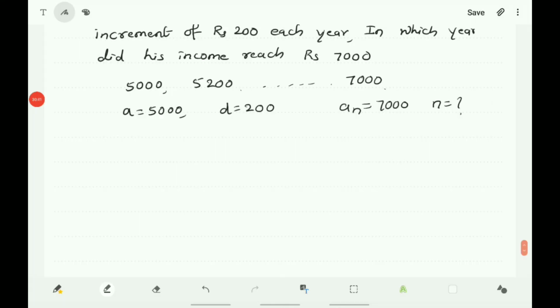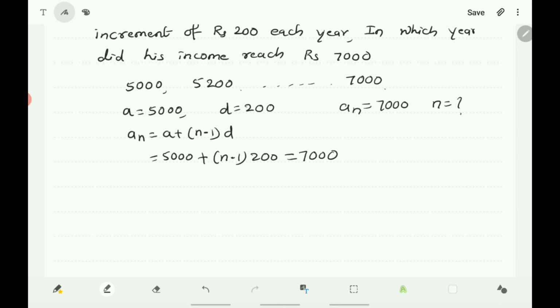Write the formula for AN. AN is equal to A plus N minus 1 into D. And A is here 5,000, N we have to find out, and D is 200, and that is 7,000.